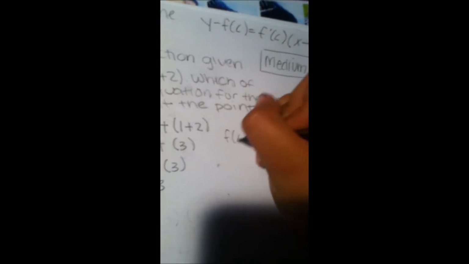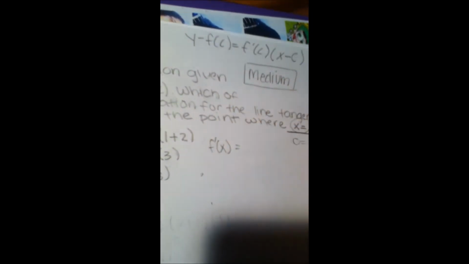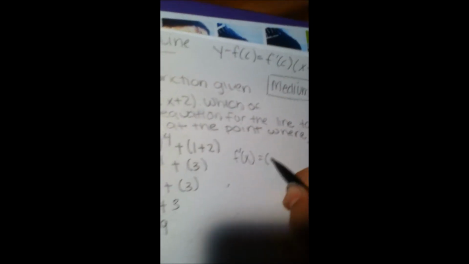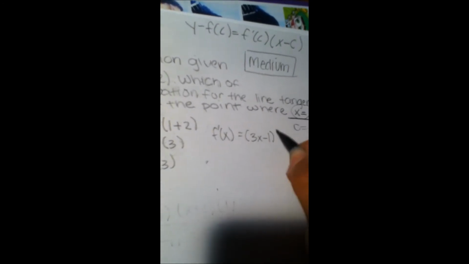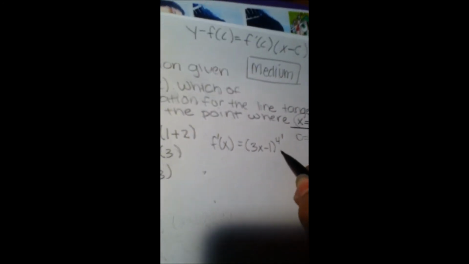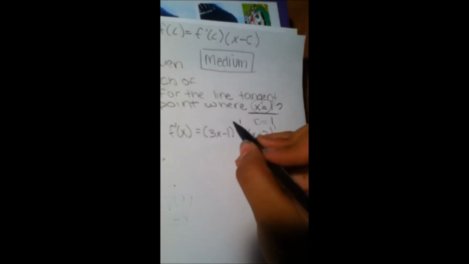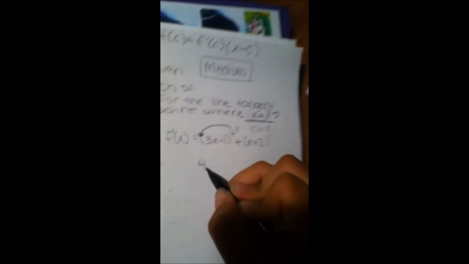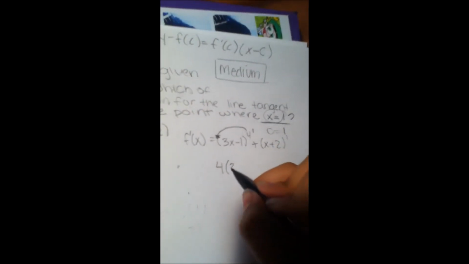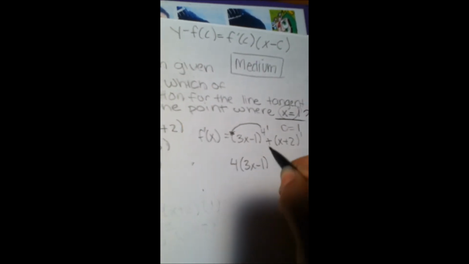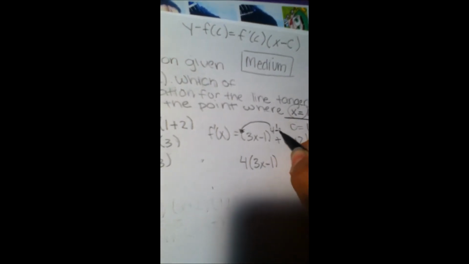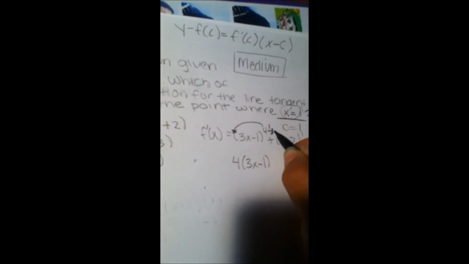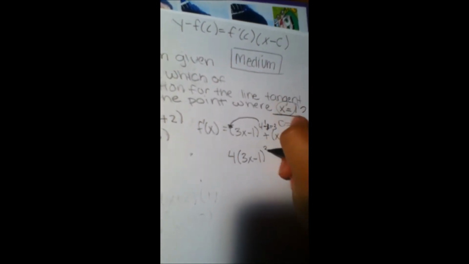Therefore, the derivative of this part is 3x minus 1 to the 4 derivative plus x plus 2 derivative. We're going to bring down the 4 by multiplying from the front, so 4 times 3x minus 1, and from the exponent we subtract 1, which equals 3.